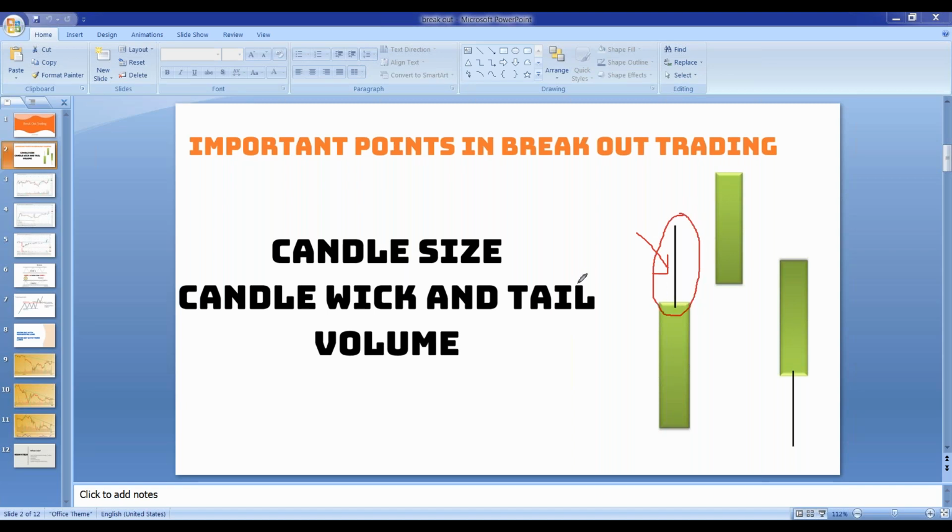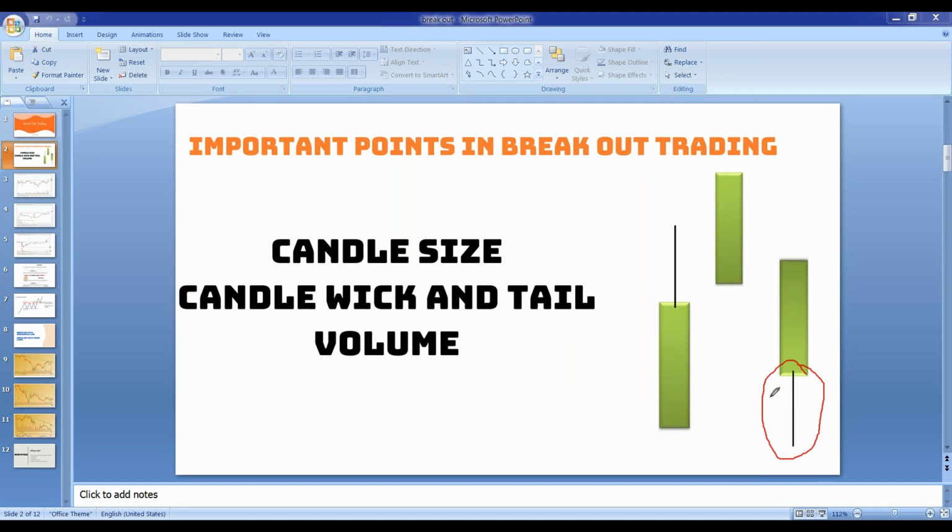So this is the upper wick, and when you see the third image, this is the lower wick, or in another language we can say this is tail. So if there is a tail formation, we can say that someone has bought from the lower area.